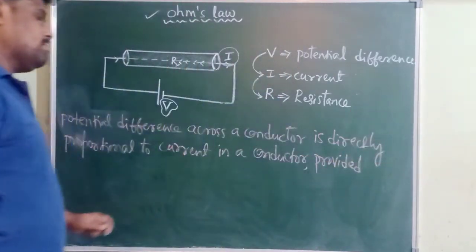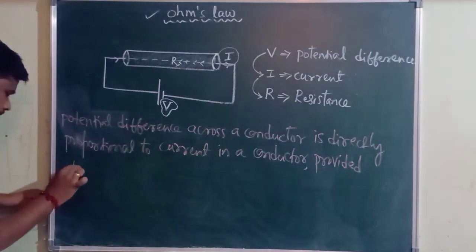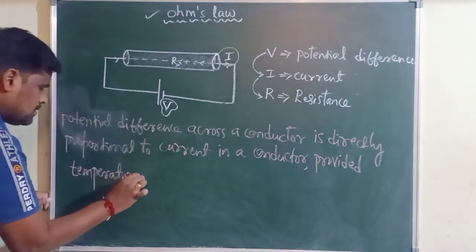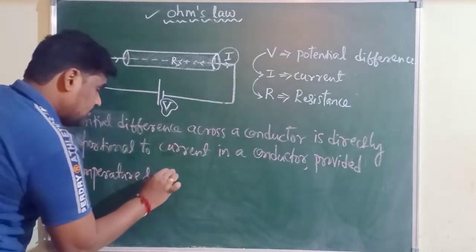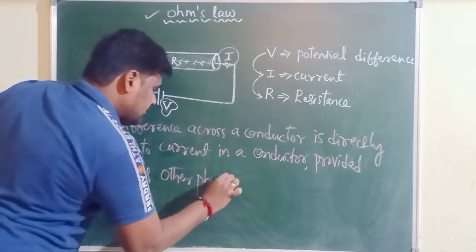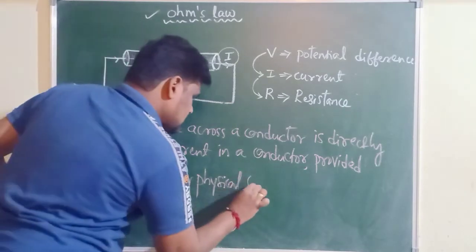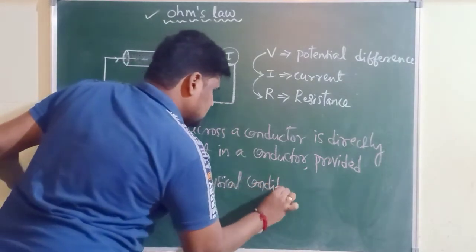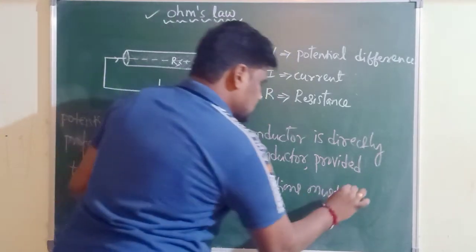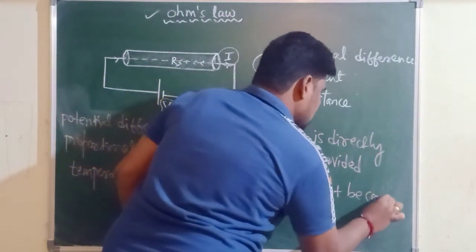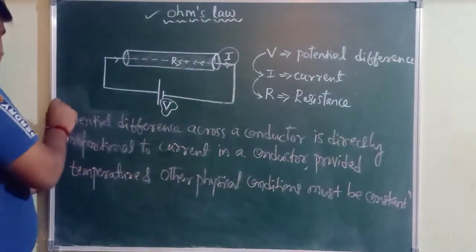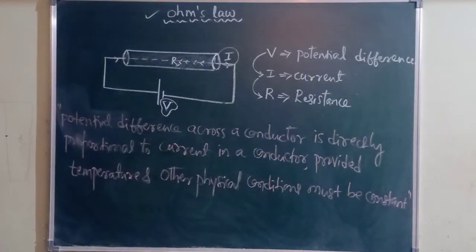Provided temperature and other physical conditions must be constant. So this is called what? A statement of Ohm's law.